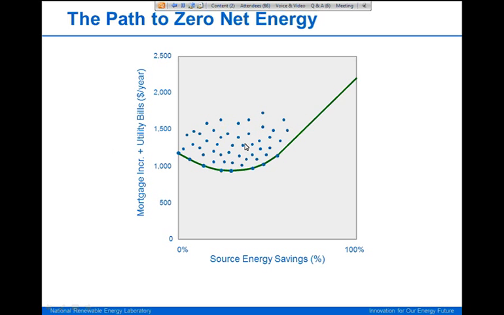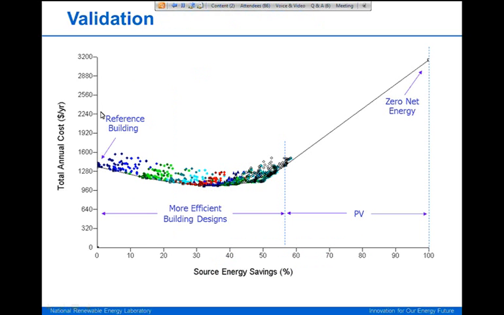So this is our objective. How to do that with the tool, this is an example of an optimization result from BOPT with similar values on the axis, and each point here representing a different building design. So again, we're trying to find the lower boundary.